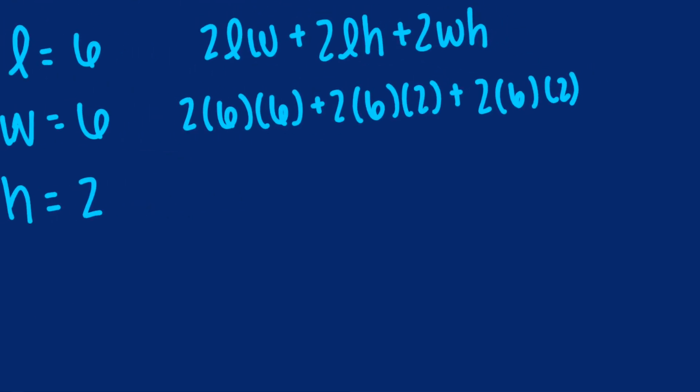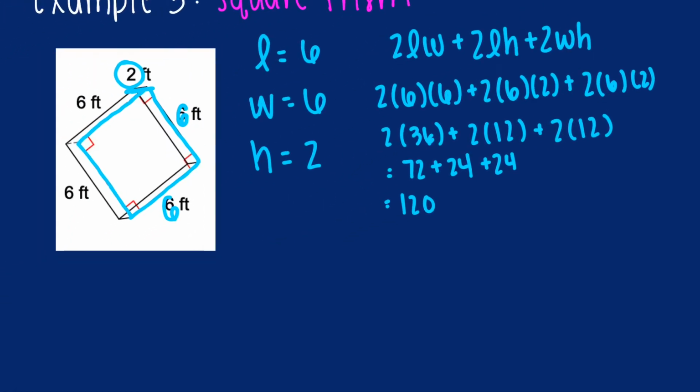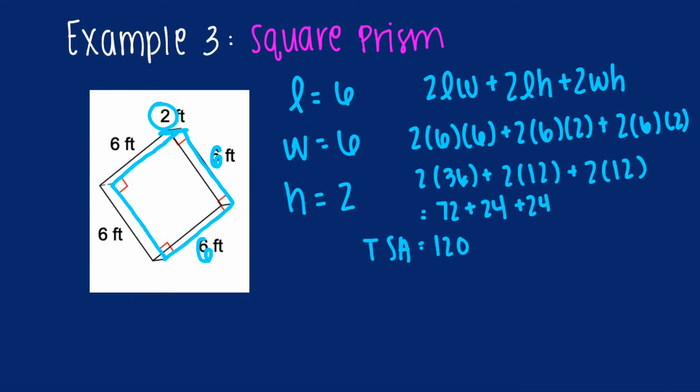So I'm going to go ahead and simplify this. 2 times 36 plus 2 times 12 plus 2 times 12. So 2 times 36 does give me 72, plus that 2 times 12 gives me 24, and then another 24 for that last part. Now I'm going to take it all, add it together, and when I do that, I find out that my total surface area of my square prism is 120.